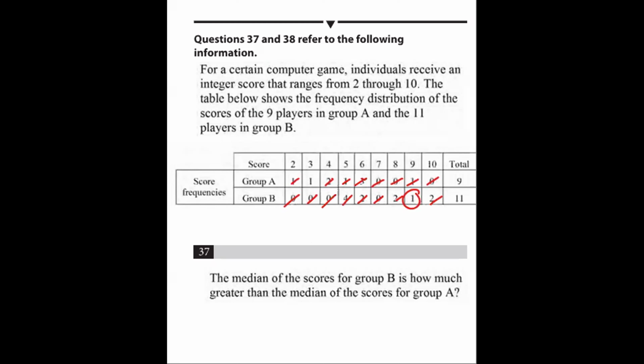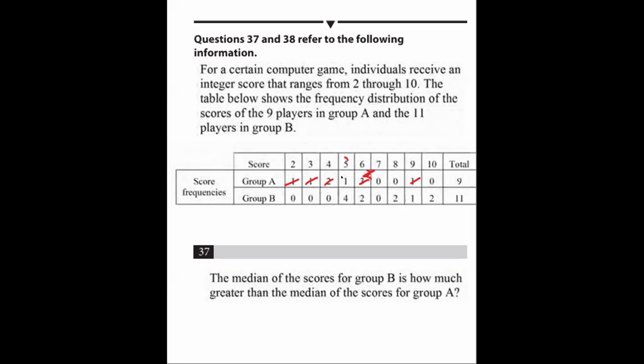Oh wait, hold on. I did this wrong. I see. So the medians are based on these scores. So in this case, we take the lowest score and the highest score, and this becomes a 2, and then this 2 and 2 cross out.